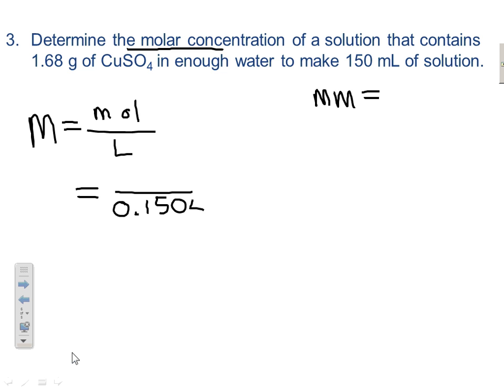Grams per mole. I want moles. So if I make my triangle, grams, moles, molar mass, I want moles, right? So grams over molar mass.